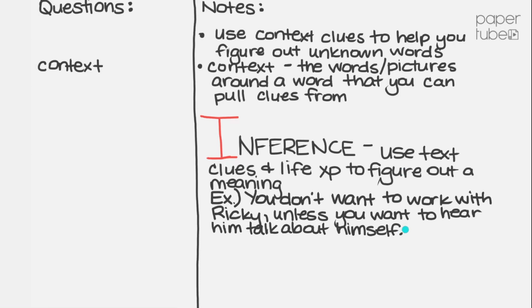He's so arrogant. So I can use the context around there to help me understand what arrogant means, right?